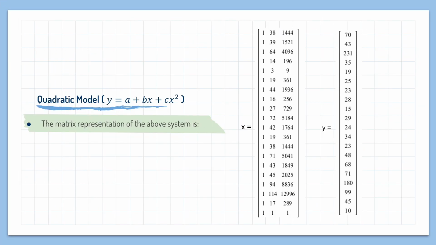Quadratic model is in form of y equals to a plus bx plus cx squared. The matrix representation of the above system is like the diagram shown. So we can compute it using Maple.